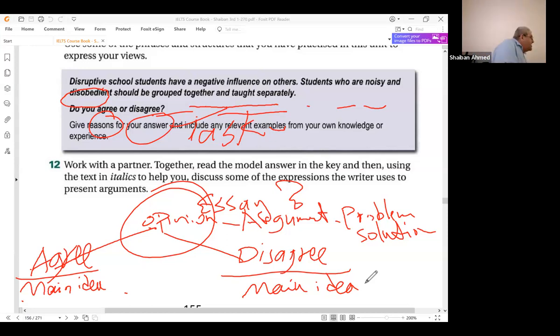I agree with this. I disagree with this. So what is your position, opinion? Okay, disagree. Okay, why? We change now the color. We say, why? You disagree. What would happen if we separate them?